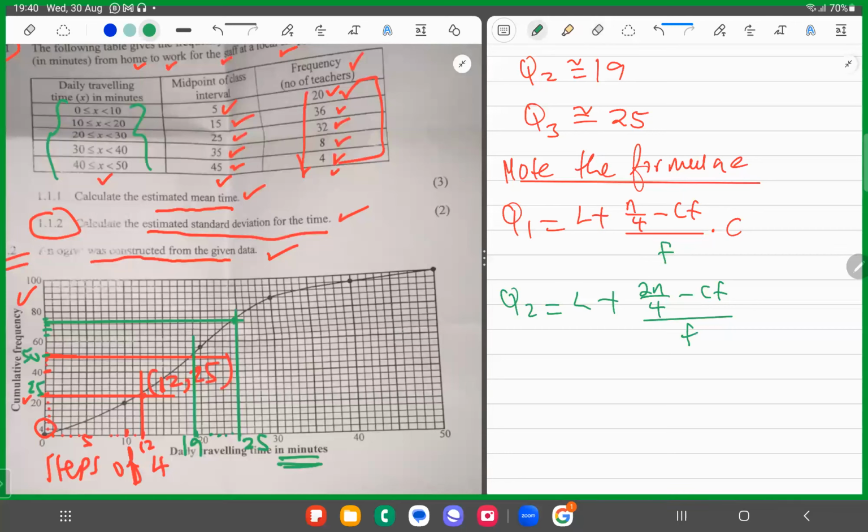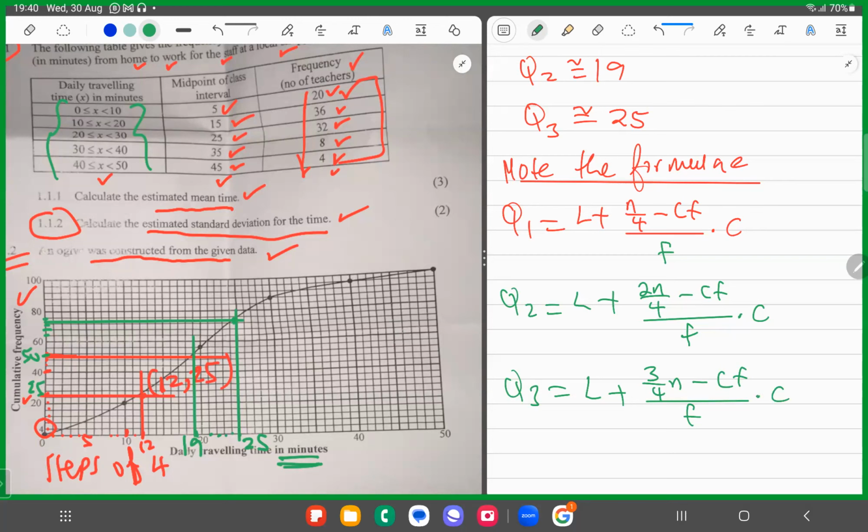I want to give you the general formulae so that you learn them. What about Q3? The formula for Q3 for grouped data is L plus 3/4 of n minus CF, you divide everything by the frequency, and you multiply by C.